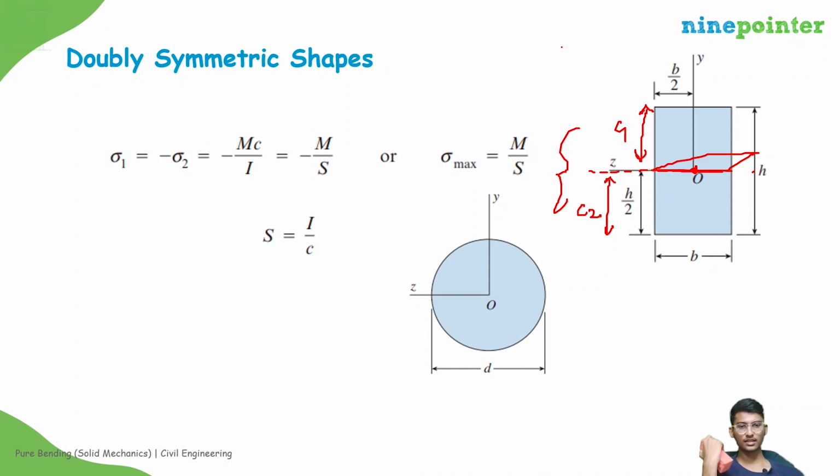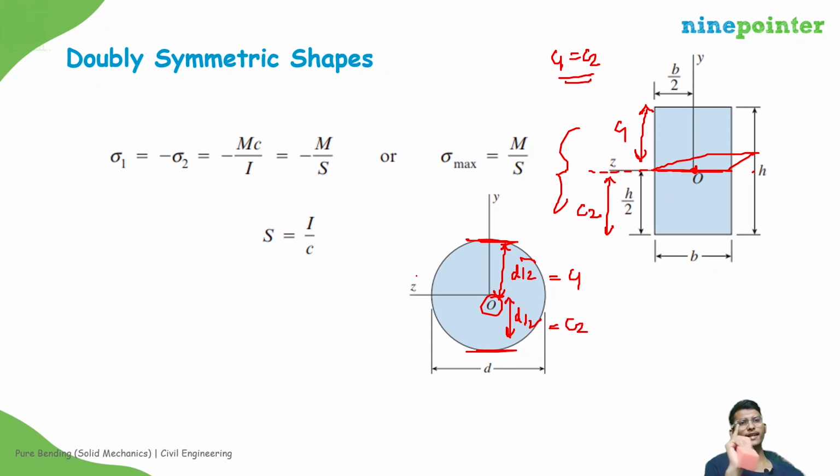In this case also, this will be d by 2 and this will be d by 2, and O is the centroid. So the maximum stresses are the same here and here, but there is a difference in sign. Again, C1 is equal to C2, so here there is only one section modulus, that is given by I by C.